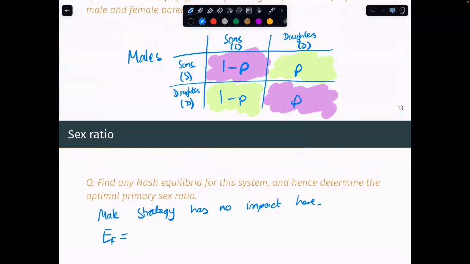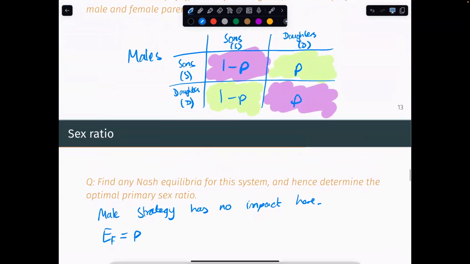We're assuming that males are a frequency of P. So here the payoff to females is going to be P times by 1 minus P. And here, this first P is the frequency of males times by the payoff that those males would get. 1 minus P plus 1 minus P times by P, the other way around. So for daughters, times by males.